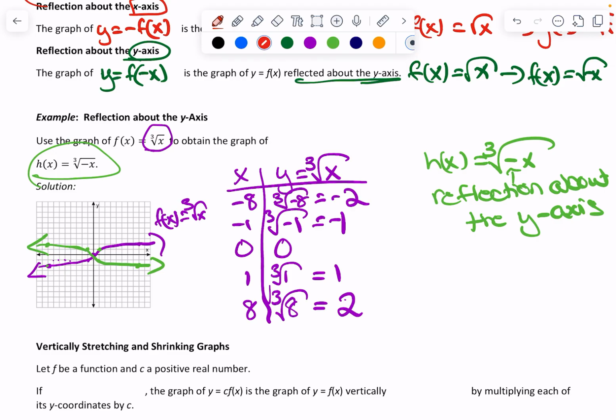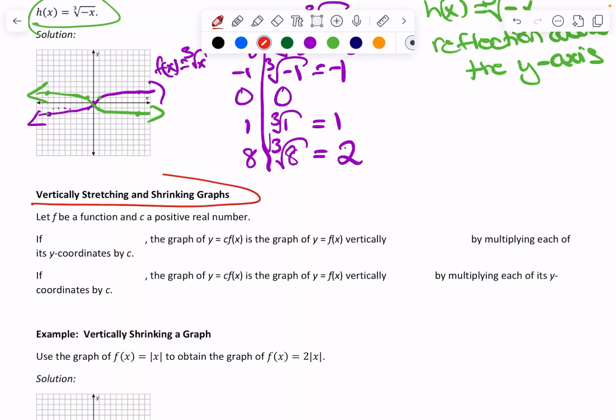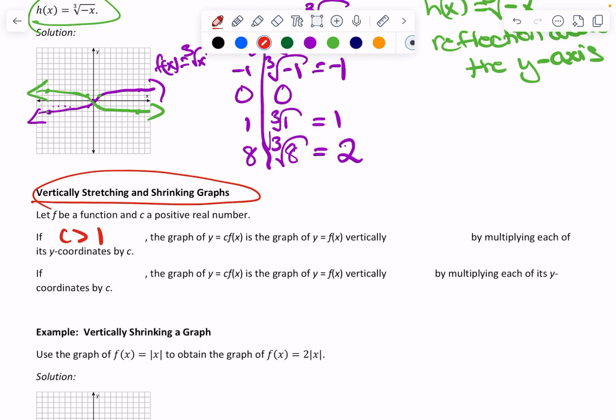Okay, next one is going to be vertically stretching and shrinking graphs. So let f be a function and c a positive real number. If c is greater than 1, the graph of y equals c times f of x is the graph of y equals f of x vertically stretched by multiplying each of its y coordinates by c.